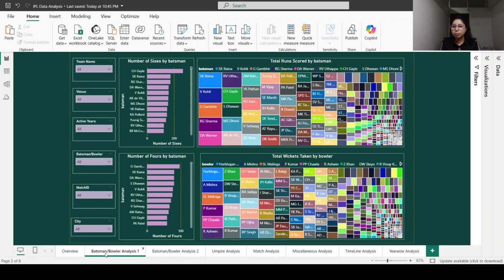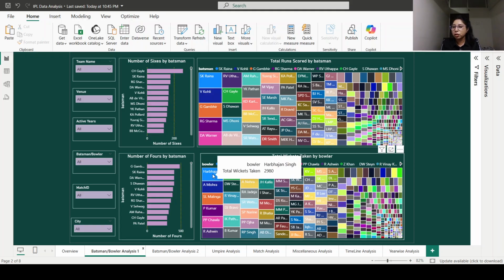Now going to the next analysis, which is batsman bowler. We can see in this analysis who our highest batsman is, who scored the highest runs. It is SK Raina, and we'll all be inquisitive to know where Virat Kohli stands, and he's also just a notch below. And same with the bowler who has taken the maximum wickets.